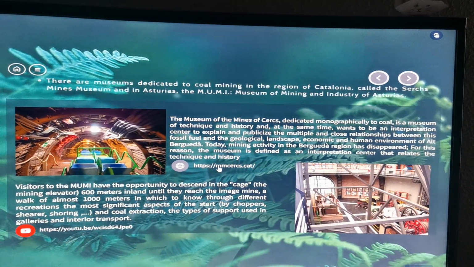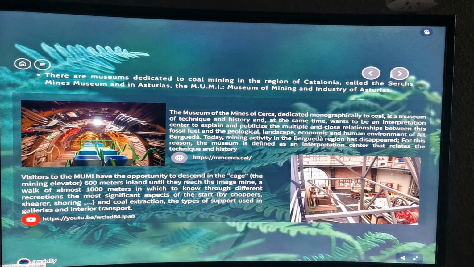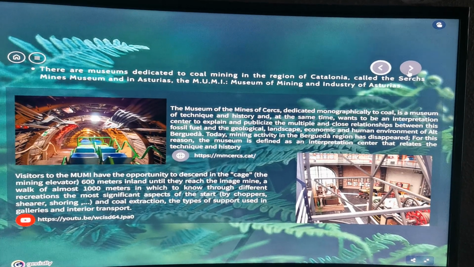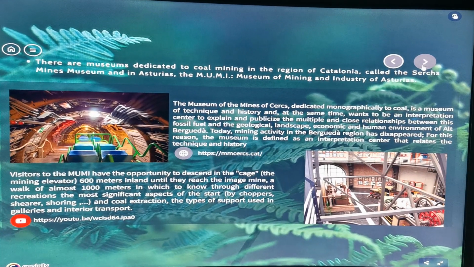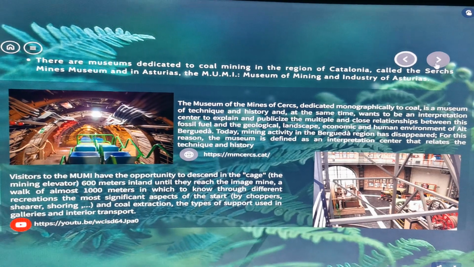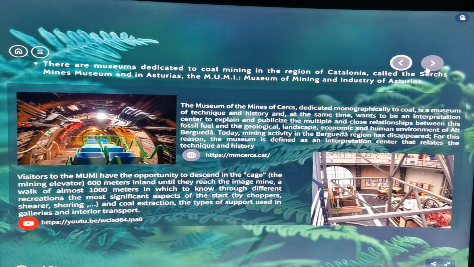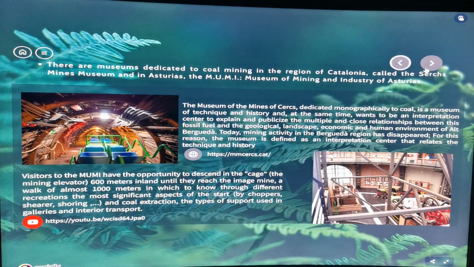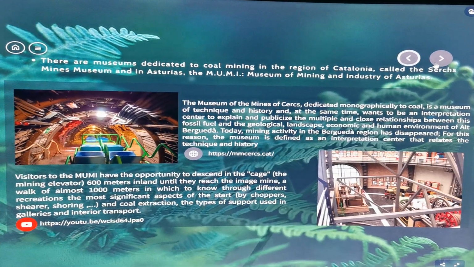The type of coal that is extracted in this mining basin is different from Asturias. It is called subbituminous hulla. It is an organic sedimentary rock, a type of mineral coal that contains between 18 and 19 percent pure carbon.